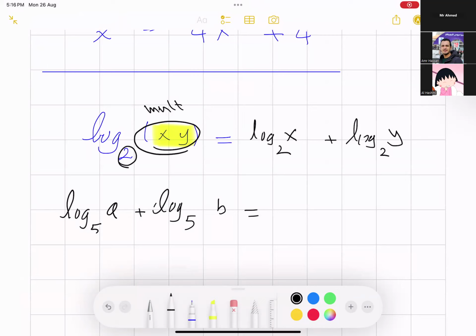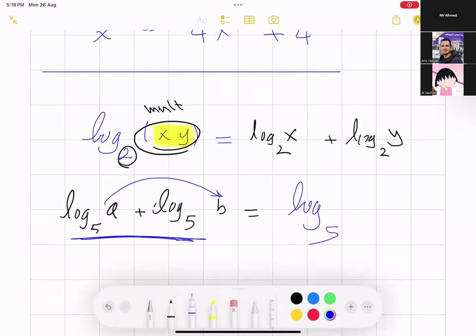As I told you, if you have multiplying, we need to turn it into addition. And what if we have addition? If we have addition, we need to turn it into multiplying, right? So I have to keep the same base. The base is 5. And what I want to do is just try to multiply a and b together. Did you get it?